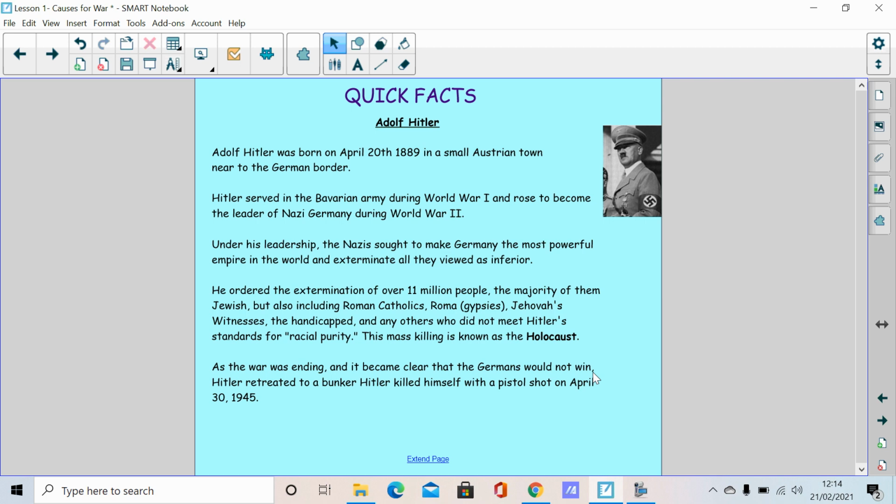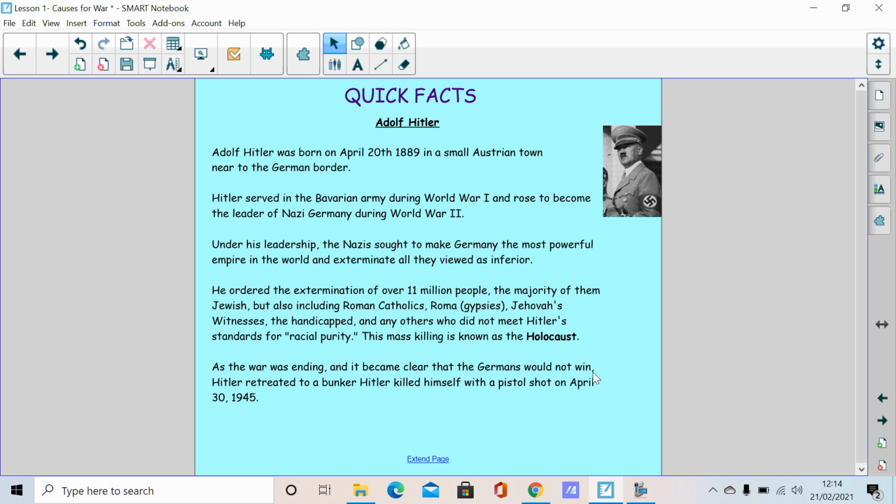The majority of them were Jewish, and we're going to look into Hitler's treatment of Jewish people later in the topic, but also including Roman Catholics, Roma, Jehovah's Witnesses, the handicapped, and any others who did not meet Hitler's standard for racial purity. If you didn't meet his standard, you didn't belong in the world, essentially, according to him.